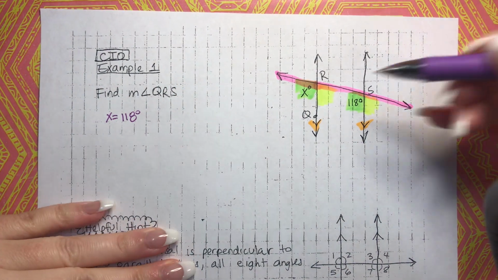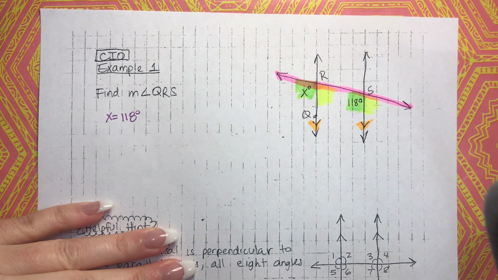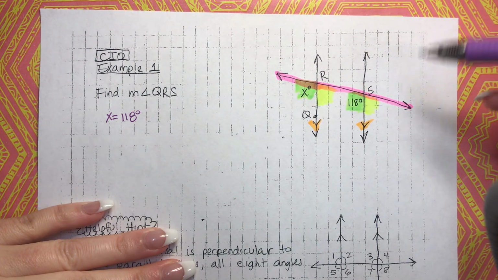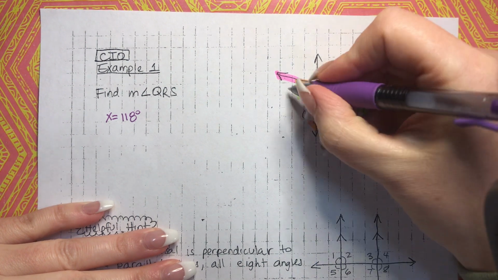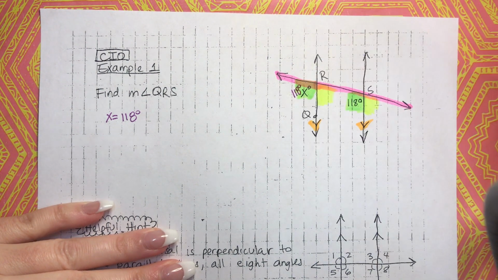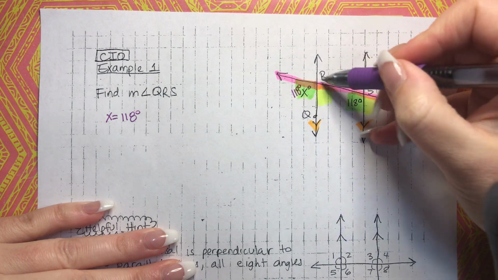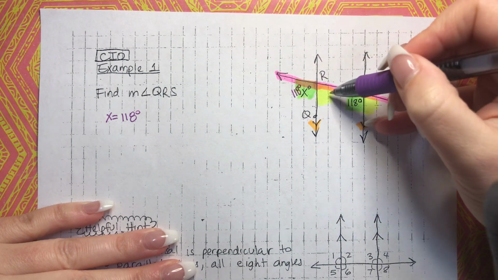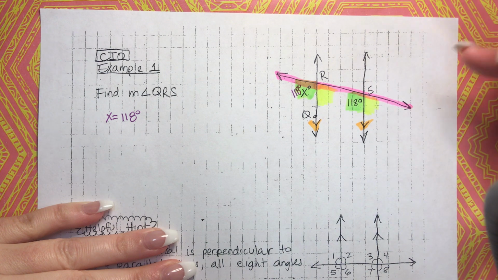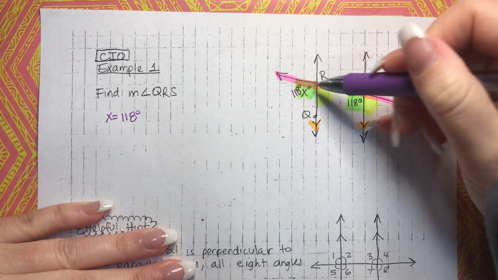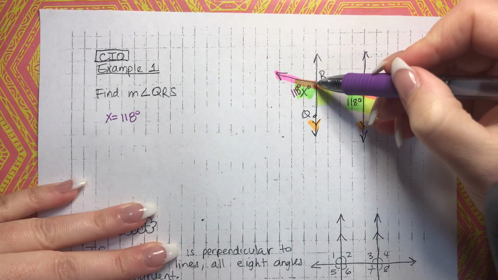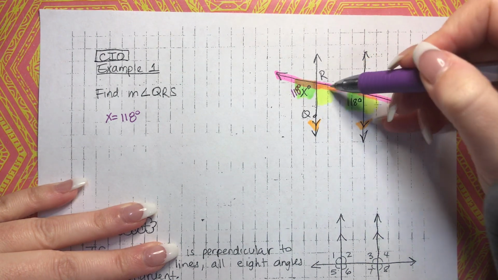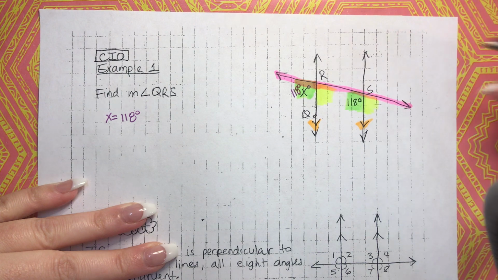Now, we need to find QRS. How are we able to do that? We know this is 118 and we figured out X is also 118 degrees. Well, what do we know about these two? They are a linear pair, which means they're supplementary. So that means that this angle plus this angle equals 180 degrees.